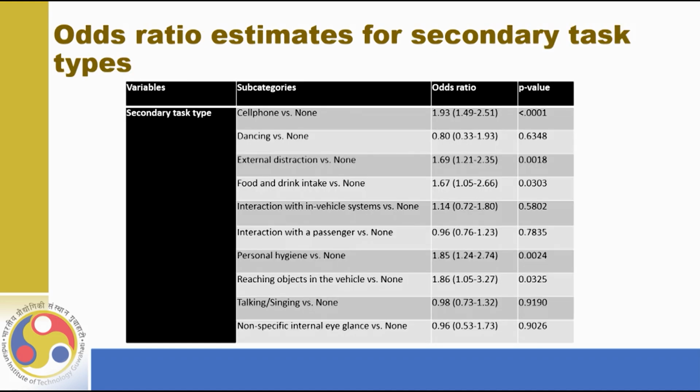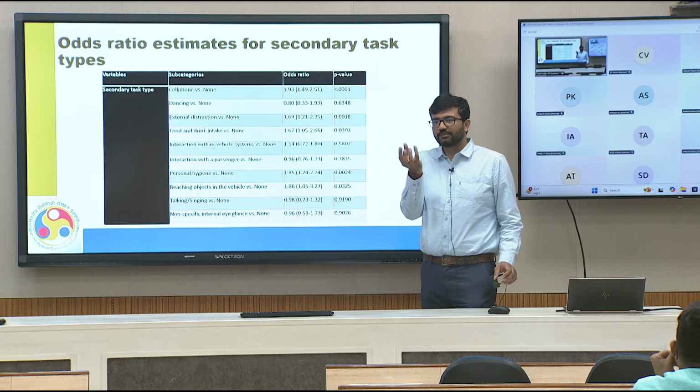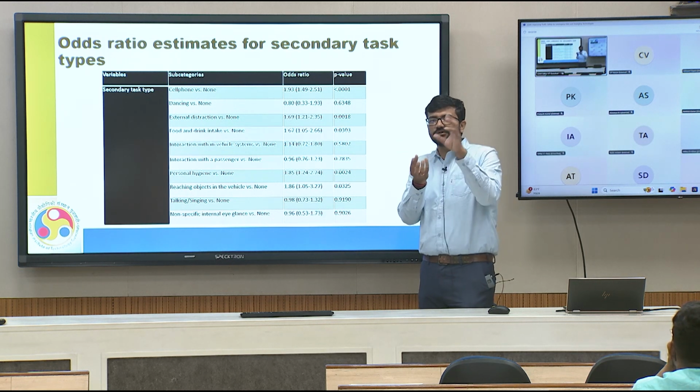Now if we estimate the risk associated with this, we estimate the risk in terms of odds ratio. You may ask what an odds ratio is. Basically, an odds ratio compares the risk at a baseline to some other level.